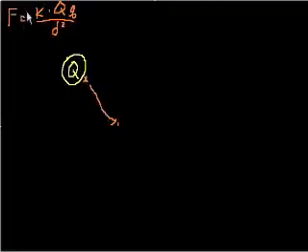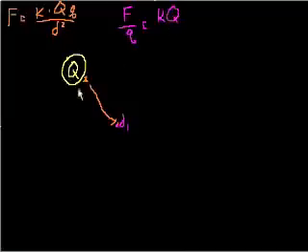So what we can do is take this equation up here and divide both sides by this small q and say, okay, the force per charge at this point, let's call that D1, is equal to Coulomb's constant times the charge of the particle that's creating the field divided by, well, in this case D1 squared.